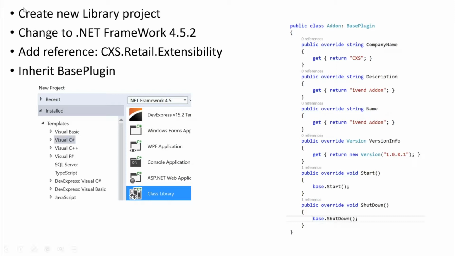On the right side you can see the sample code. It uses BasePlugin and automatically generates the methods here: company name, description, name, version. When the add-on starts, it goes to this event where we can do some logic. When the add-on shuts down, we can run other code here.